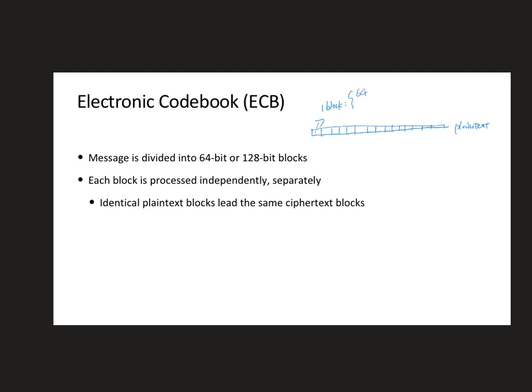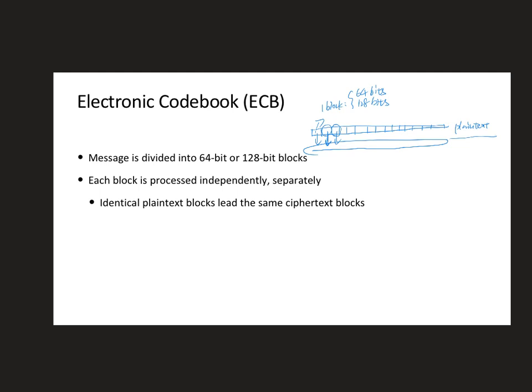Then each block is processed independently, separately. This one must be processed independently, same as this one, same as this one. So a powerful computer can separate the whole plain text and process all of them at the same time, so there is no relationship between the encryption of this block and the encryption of this block.